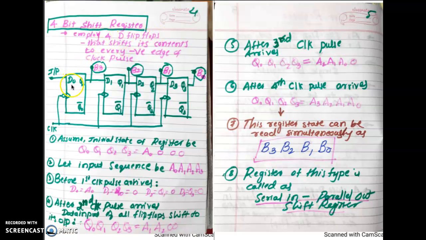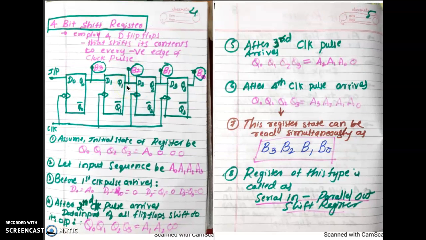This shift register uses 4 D flip-flops and shifts its contents on every negative edge of the clock. Every flip-flop is negative edge triggered. During every negative edge, the input appears at the output, and the output is shifted to the next stage.